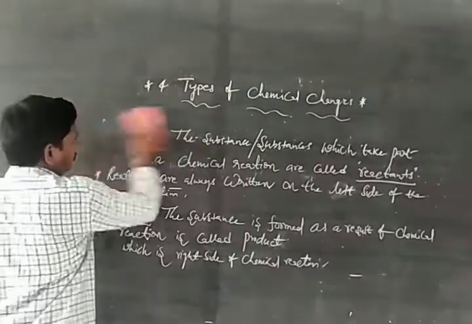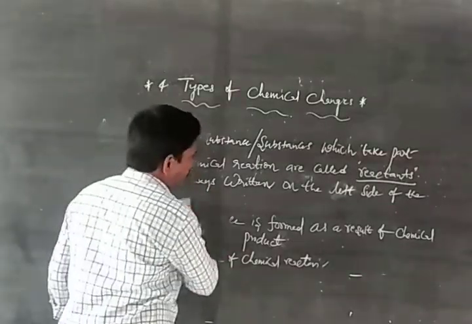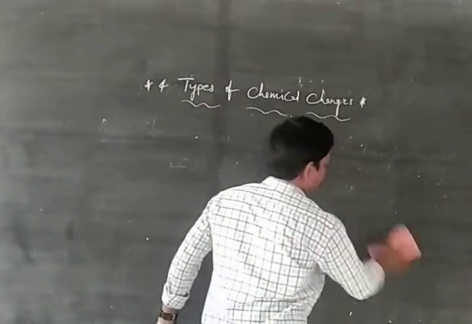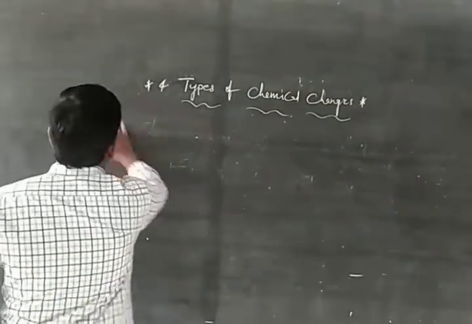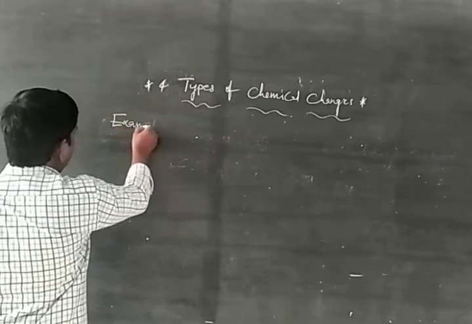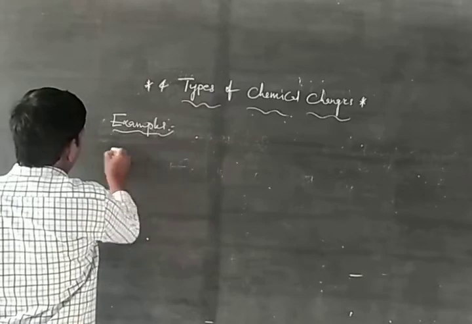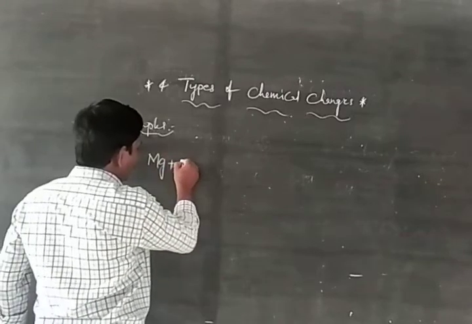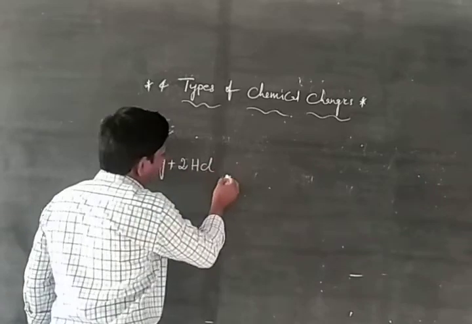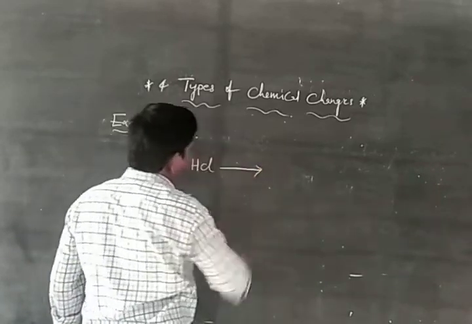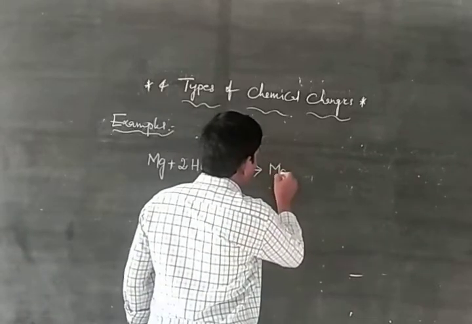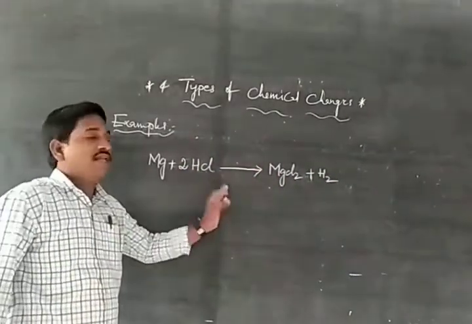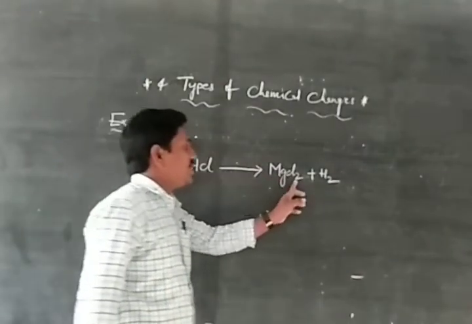Next, some examples, write down. Mg plus 2HCl gives rise to MgCl2 plus H2.